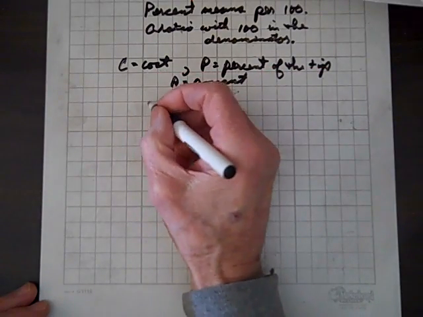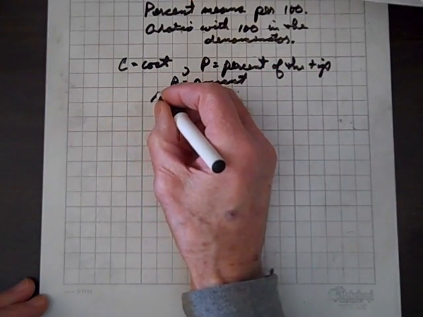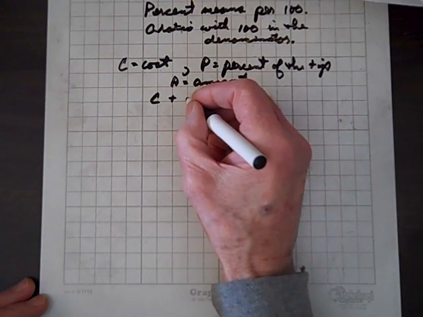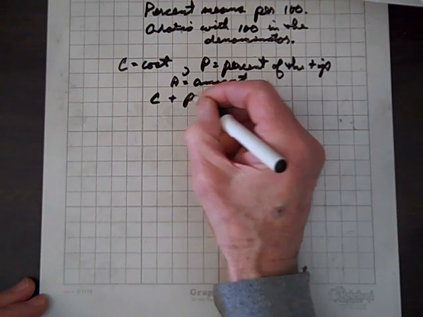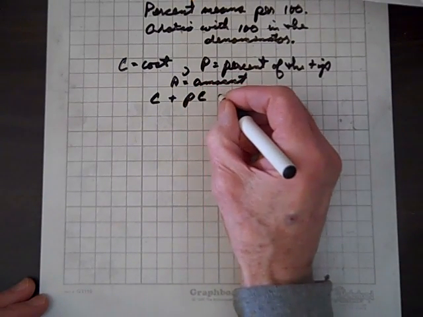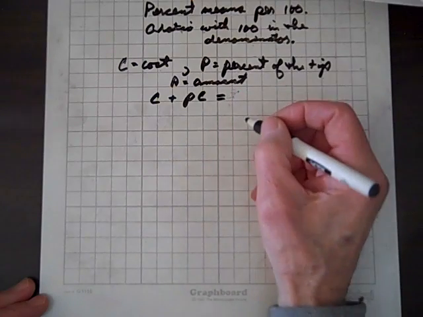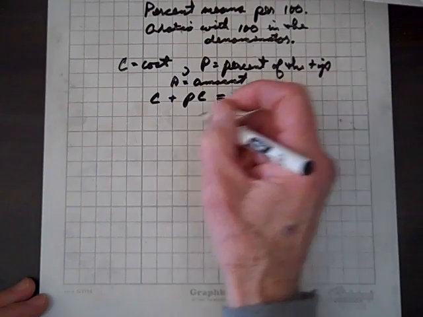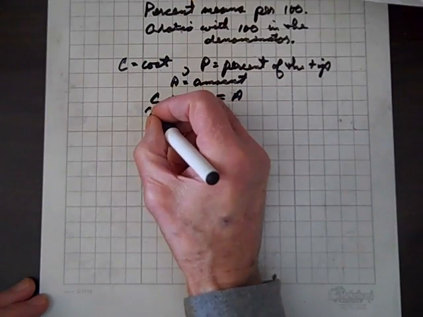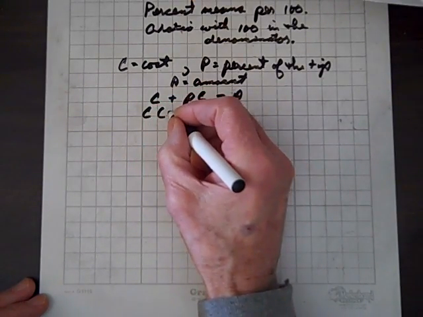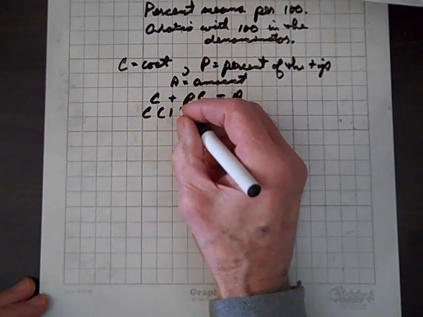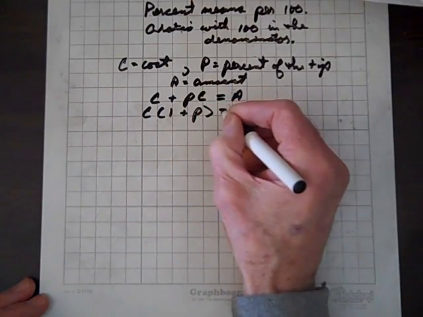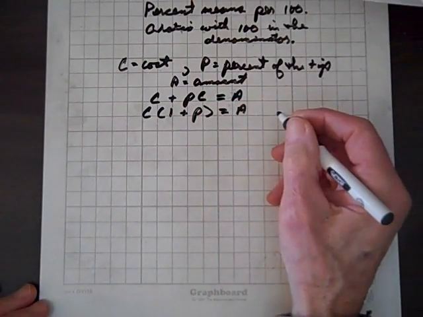As you well know, you're going to pay the cost, plus when you figure out the tip, you multiply P times C, the percent times that, and that gives you the total amount that you're going to have to pay. Well, now we can factor a C out of both those terms, and we get C times 1, which is C, plus, factoring a C out of this term, we just have P, and that equals A, the amount.